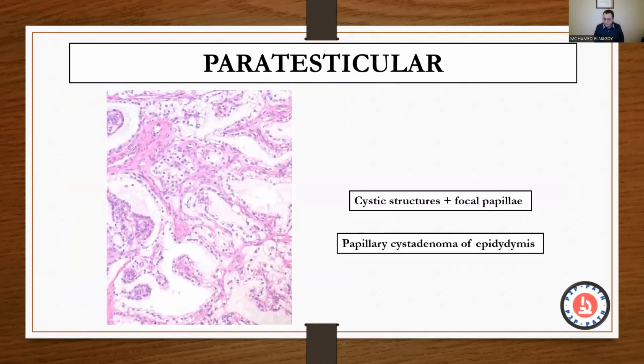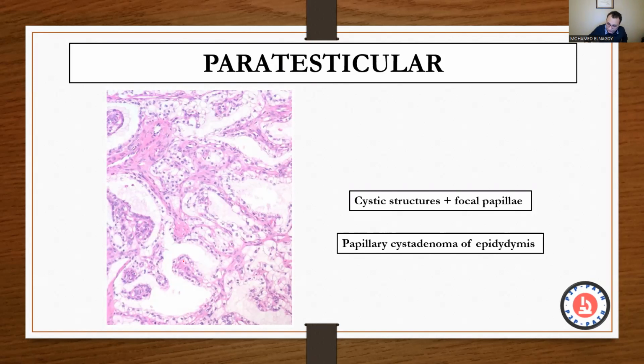You might see this is a papillary cystadenoma of the epididymis. Sometimes they make it very clear because they know how difficult it is to diagnose this entity. They usually give you in the question stem that the mass is arising from the epididymis, which is the structure surrounding the testis. Or they tell you that there is a paratesticular mass, and here is the microscopic picture of the mass.